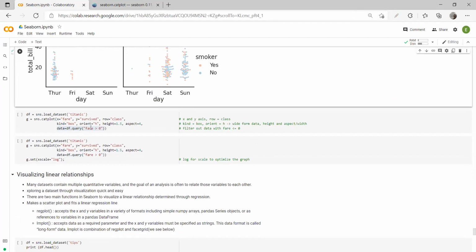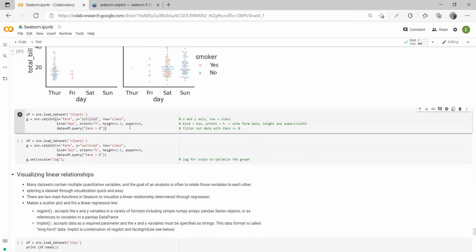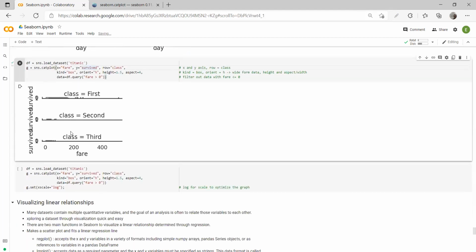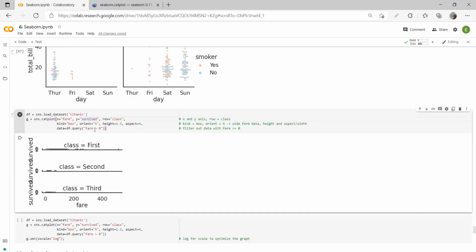So let's go ahead, the next one. So this is an example of a box plot over here, right? And it is looking very bad. Why is it looking so bad now? Can I put some other thing?